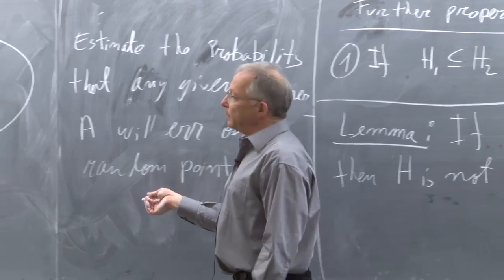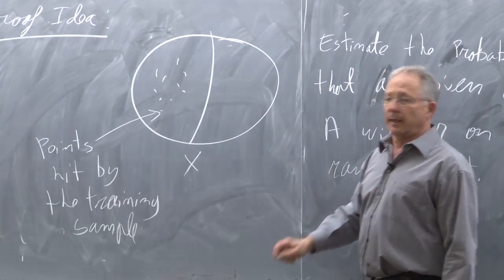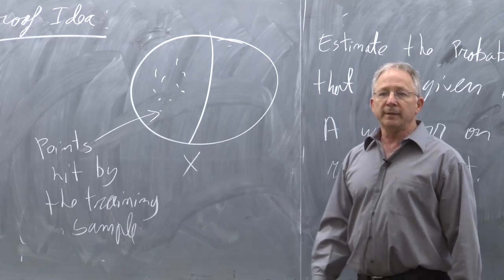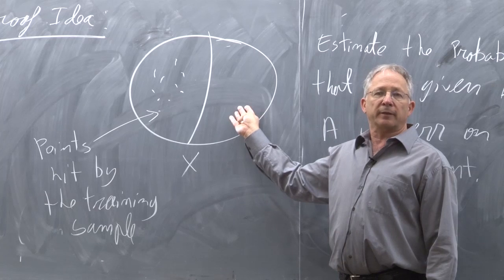So if I look at all the points here in uniform distribution, and I pick a random point, what is the probability that the point will fall on the area that is not covered by the sample?